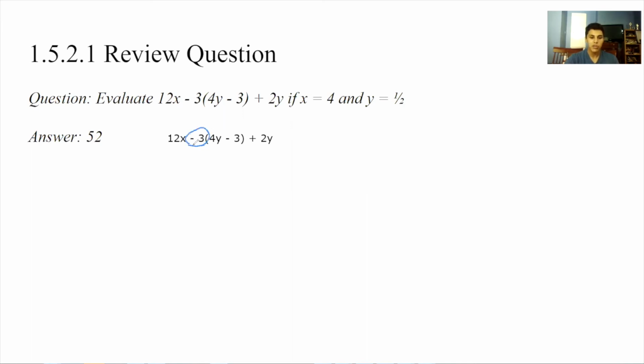So when I multiply this by each individual term in the parentheses, I'm going to consider it like I'm not multiplying by 3, but I'm multiplying by -3, since I'm subtracting 3 here. So with that considered, let me do the distributive property, multiplying -3 by 4y and -3 by 3. So first, -3 times 4y is -12y.